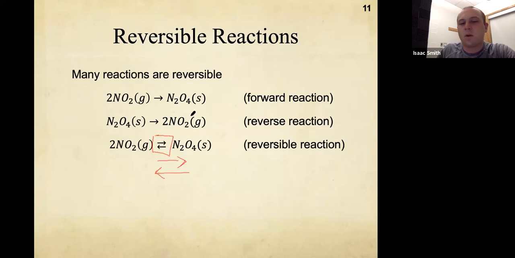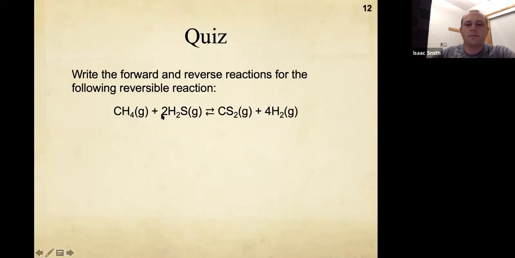And so sometimes the forward is favored over the reverse, or the reverse is favored over the forward. Don't worry about that right now. Right now we're just learning what these are, and in the coming lectures we'll talk about how to tell which one's favored. All right, go ahead and try this quiz here, see how you do.